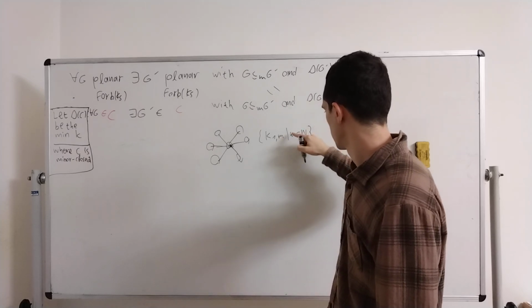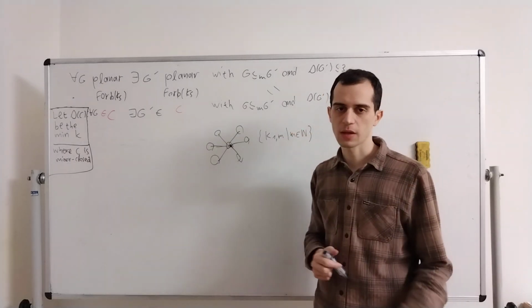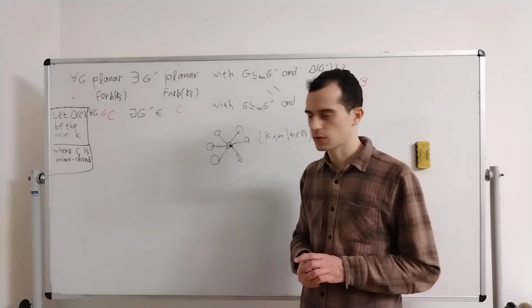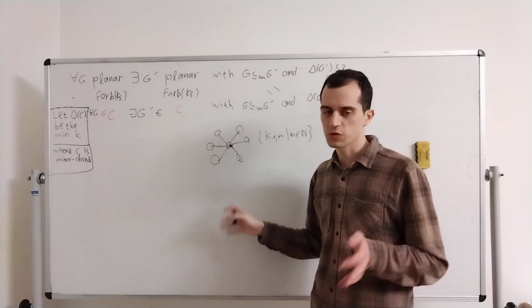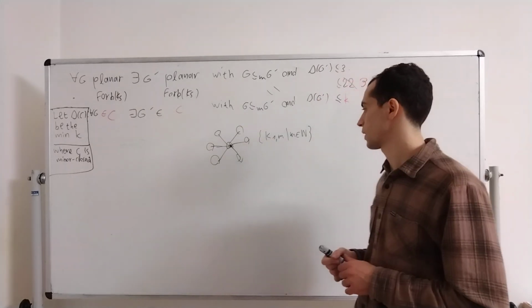So all bipartite cliques of one vertex on one side. Technically this is not a minor closed class, but let's forget about that for a second.